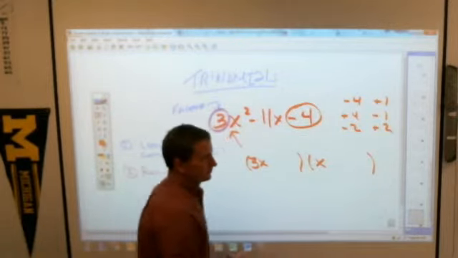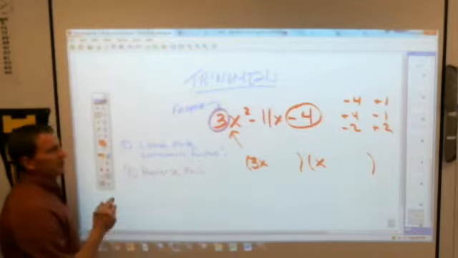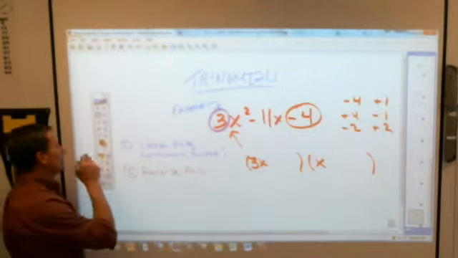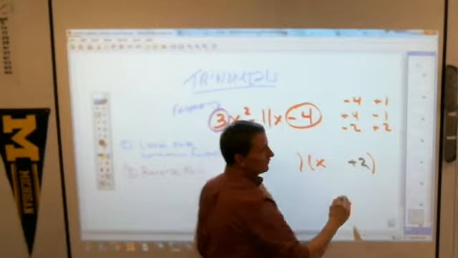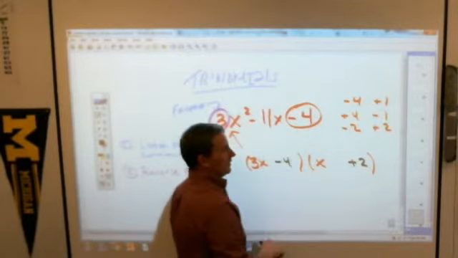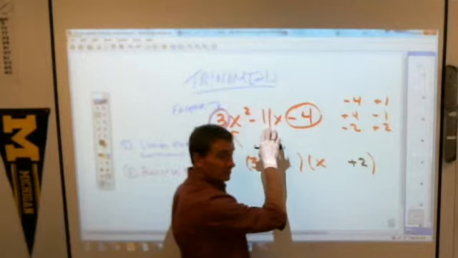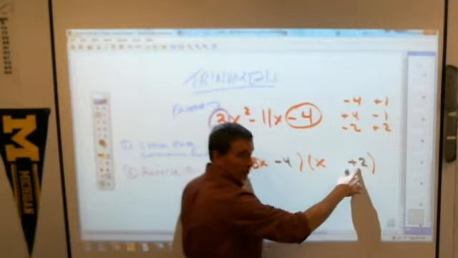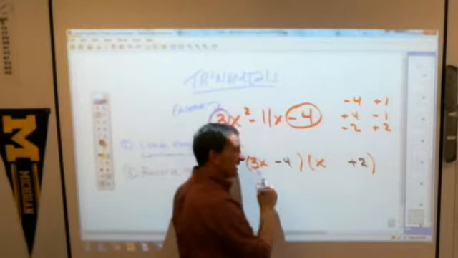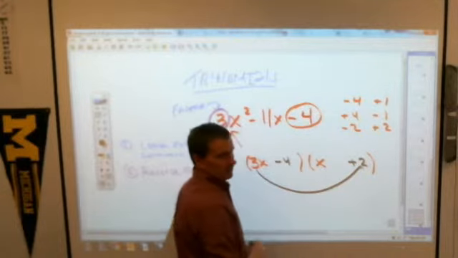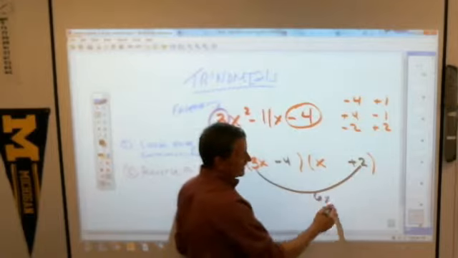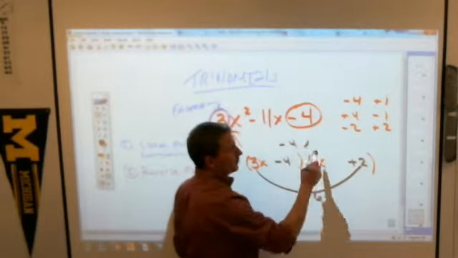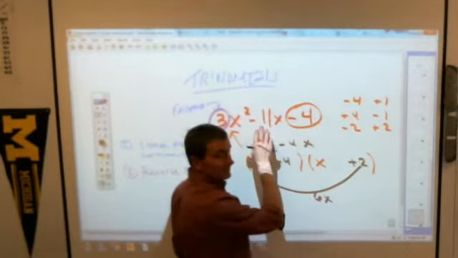But what you have to remember is whatever number you put over here, like let's say I put the plus 2 over there and the minus 2 there, when you figure out how to get the middle term, this one over here gets multiplied by this. 3 times 2, you get a 6x there, and here you get a minus 4x. And when you put those together, do you get a -11?